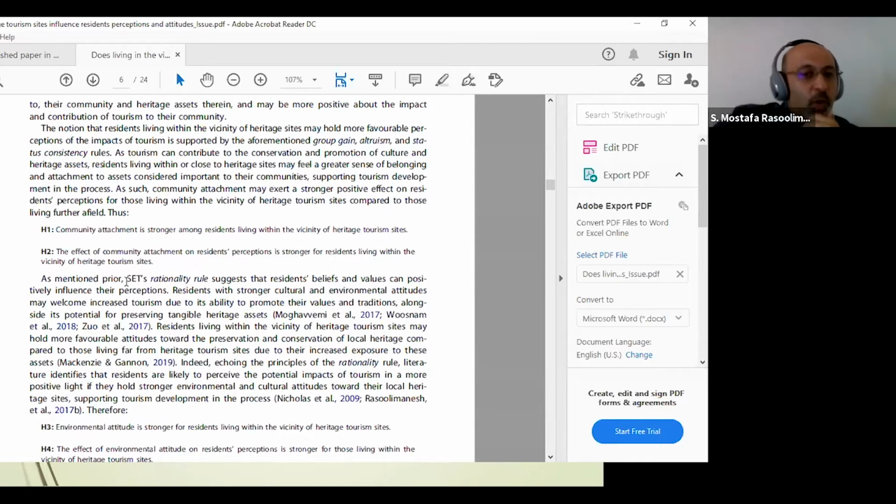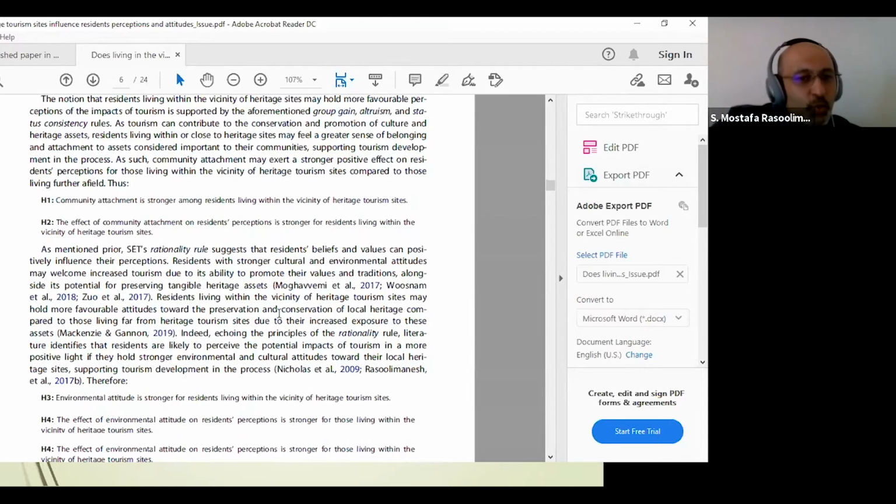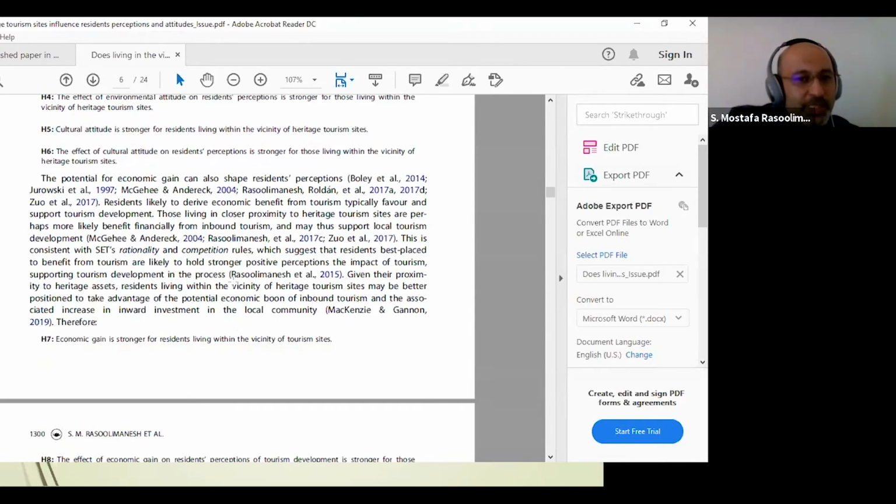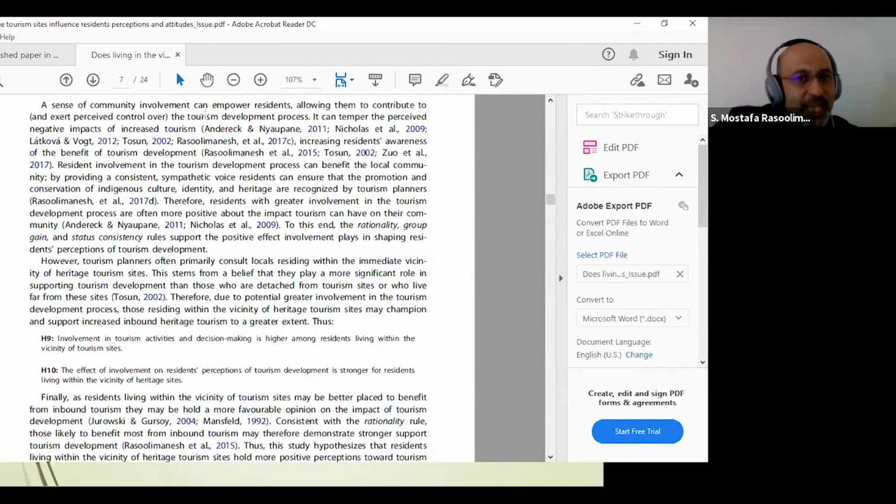Here we use another way of moderation hypothesis. Here we say the effect is stronger for one group and weaker for another group. H2 refers to this hypothesis. This is H2.